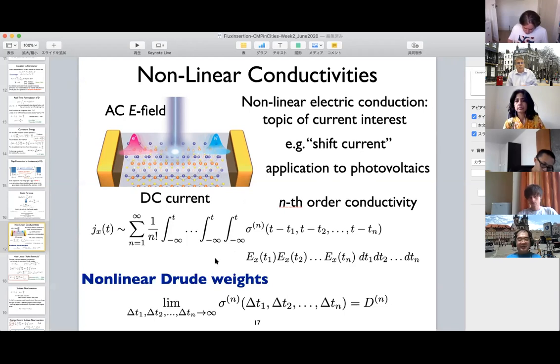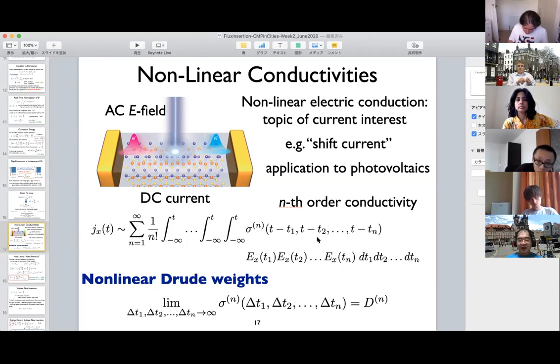That is, if you generalize linear response theory, you can include nonlinear response. That is, the current at time t is not only given by linear response, but by the sum of nth order responses. At nth order, the response is proportional to the electric field, n of them, but in general at different times, so with some time delay.